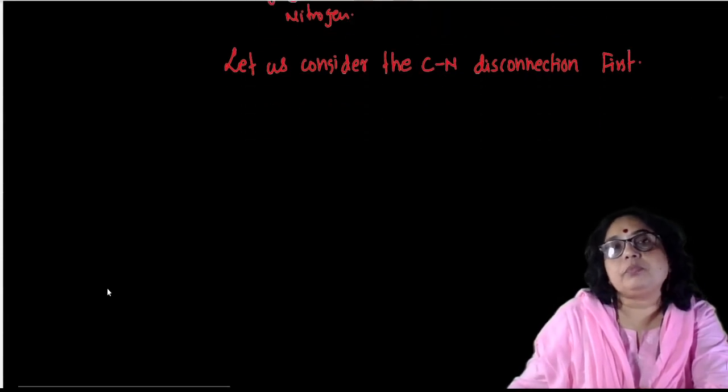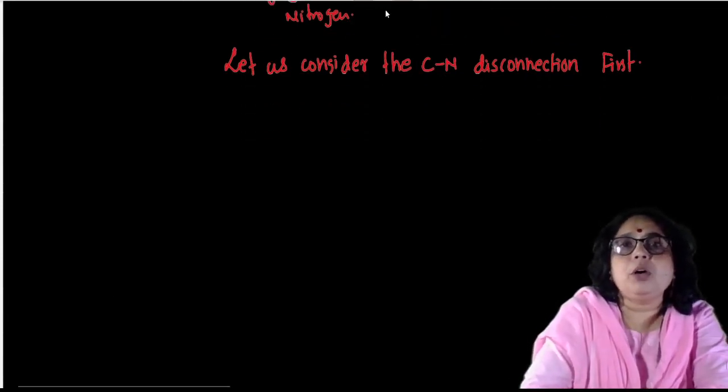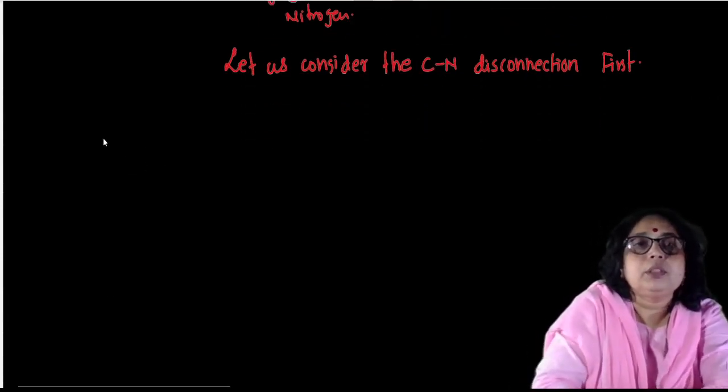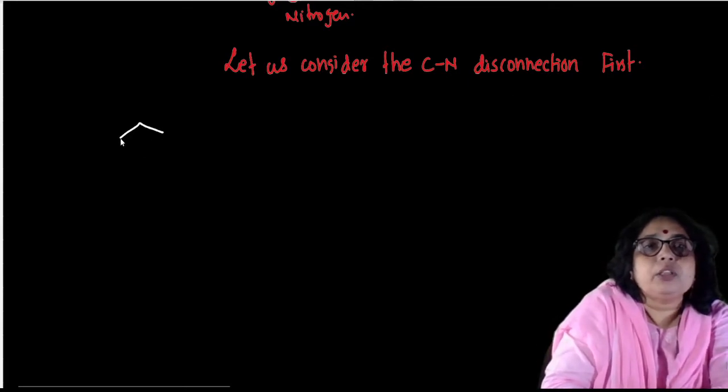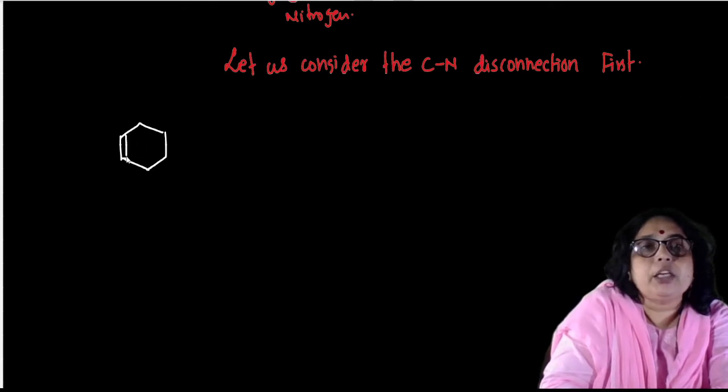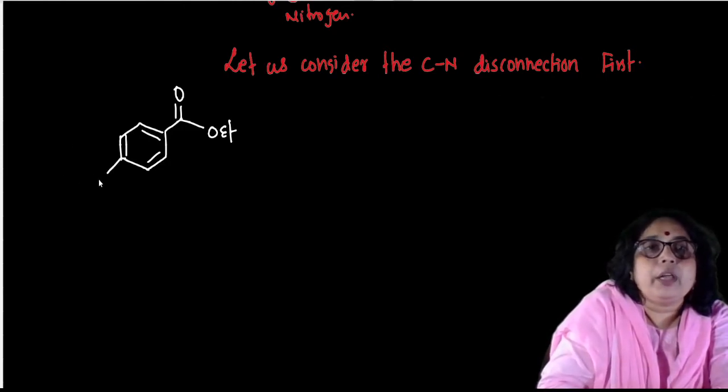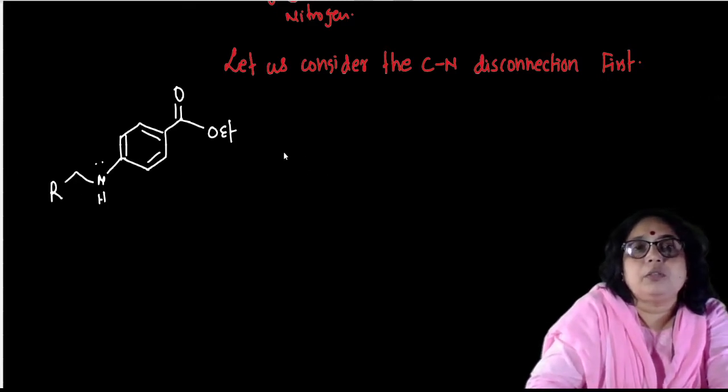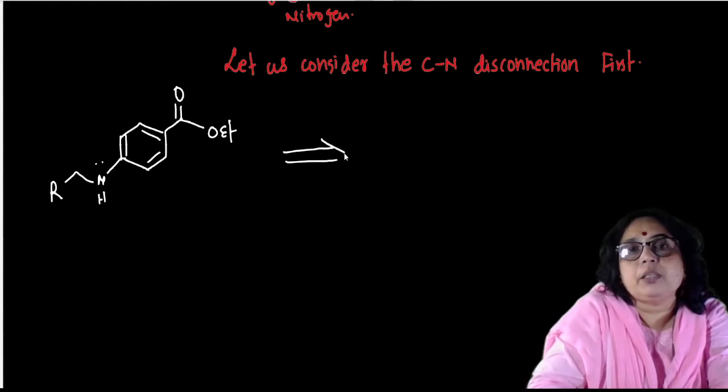Now again, let me draw the molecule. So I am drawing this molecule and now I am applying the disconnection approach. Here is the ester group and here it is the nitrogen or primary amine.